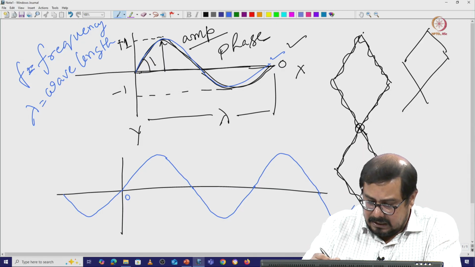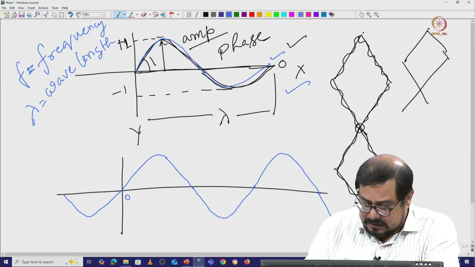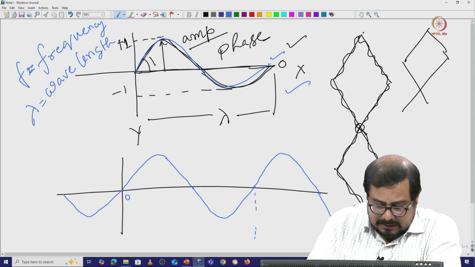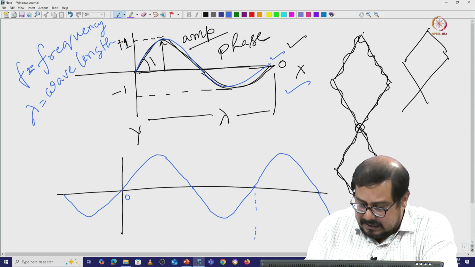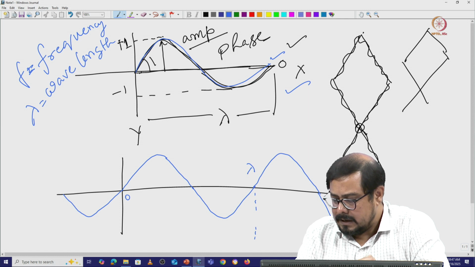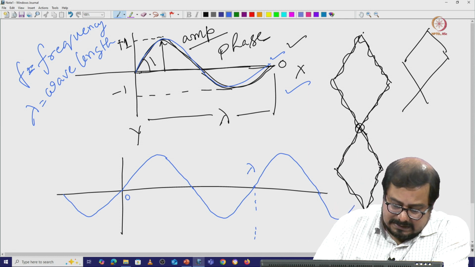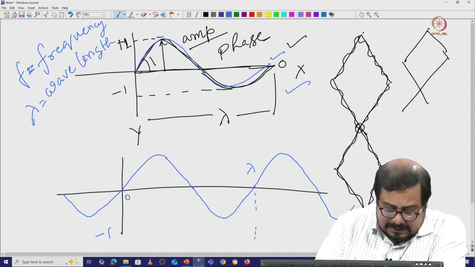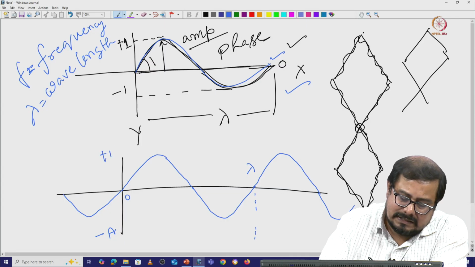So, if we are considering this one, this is my full wavelength, right. I can tell that this is one complete wavelength. Now, this is the amplitude, I will consider this is minus a and this is plus a.